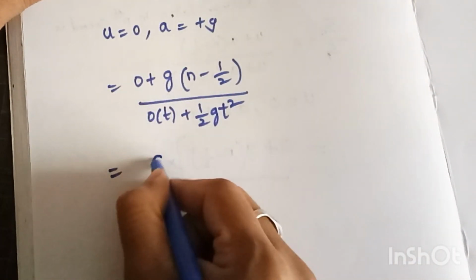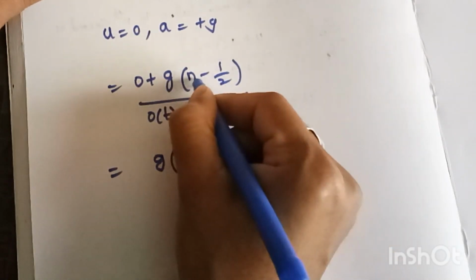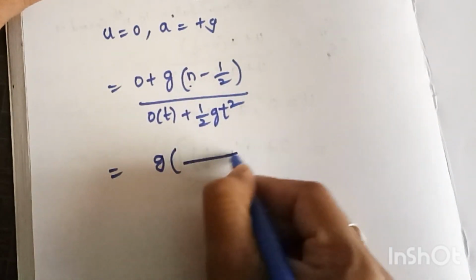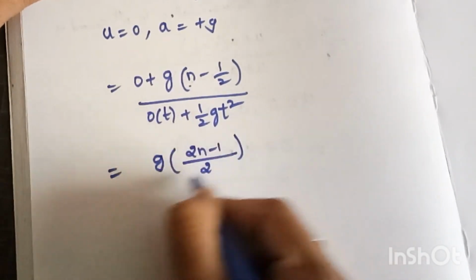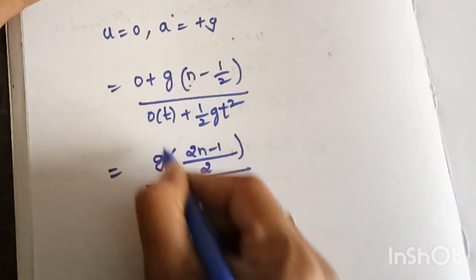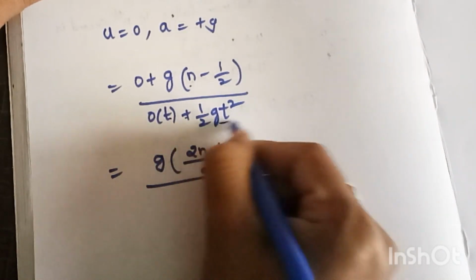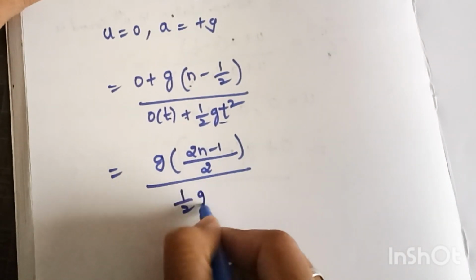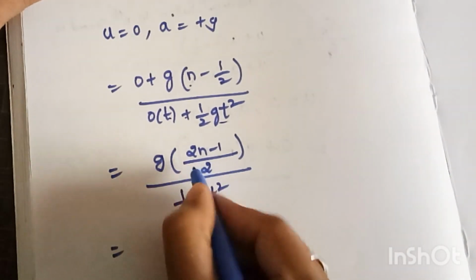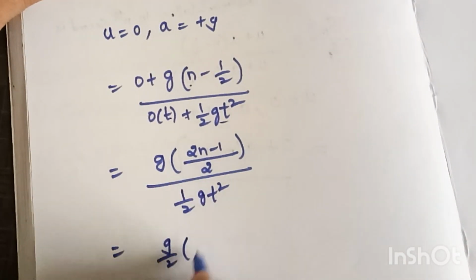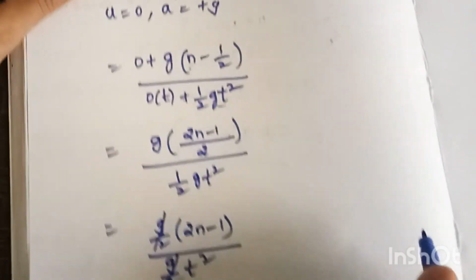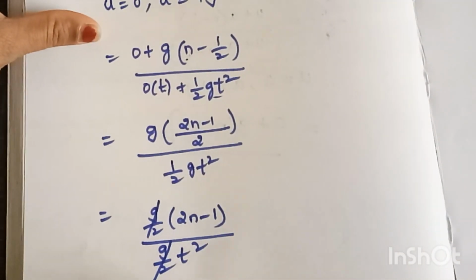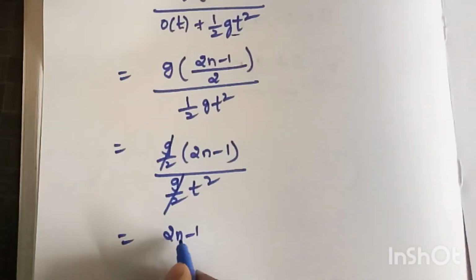So g into n, taking the LCM, (2n minus 1) by 2. 0 into anything will be 0, and 0 plus anything will be that thing, so the denominator is half g t square. This can be written as g by 2 into (2n minus 1) over g by 2 into t square. g by 2 cancels, leaving (2n minus 1) by t square.